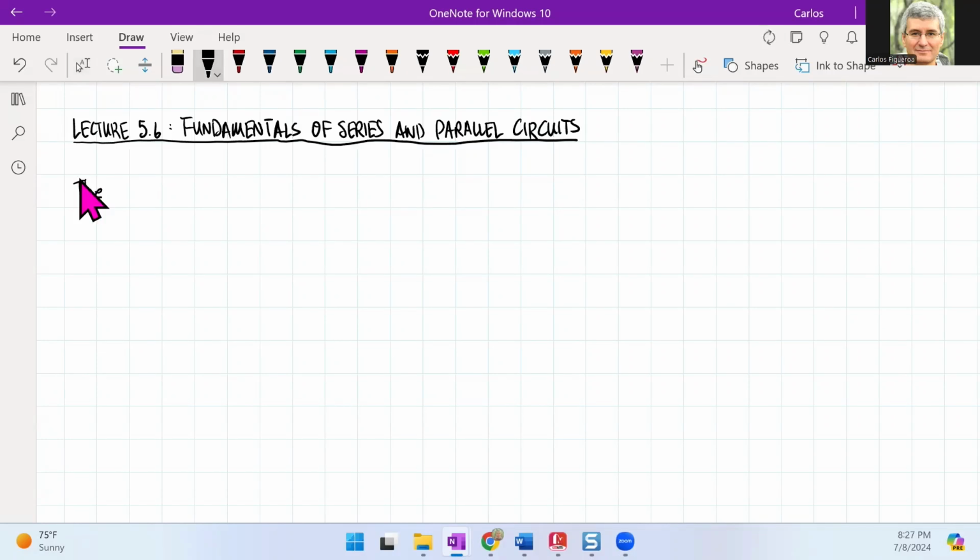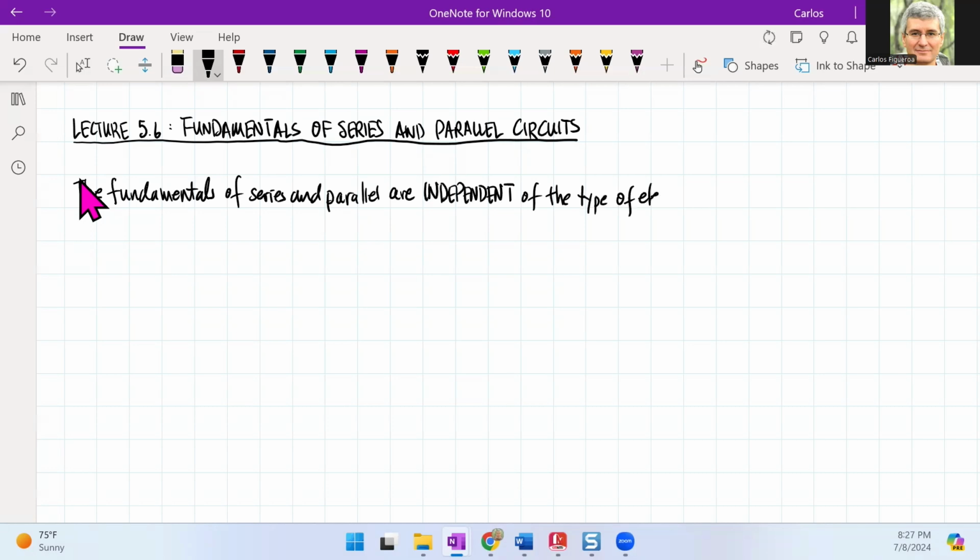The fundamentals of series and parallel are independent of the type of element.